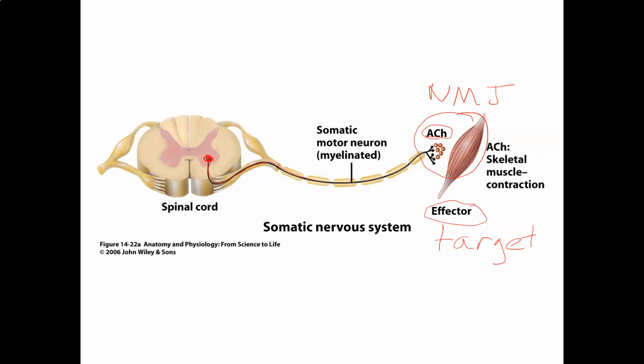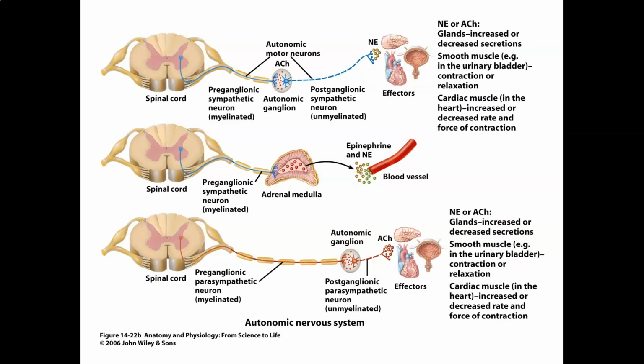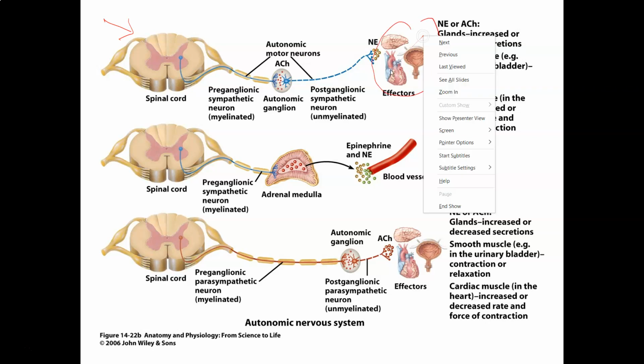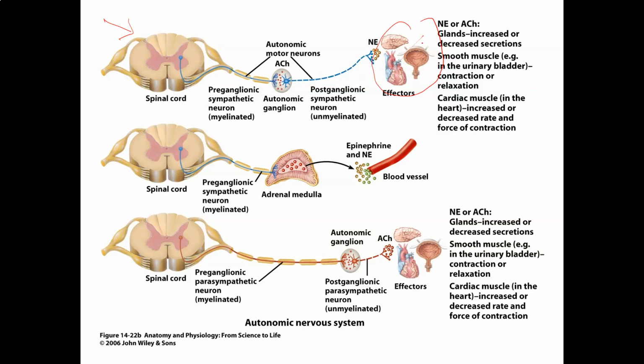Okay, now compare that with autonomic motor neurons. Let's start with the top picture up here. So we're looking at this one right now. Notice, if you look closely, that to get to the targets, the effectors, the cardiac muscle, if you're talking about heart, or smooth muscle, the bladder, or various glands, to get there it takes two motor neurons, two of them.